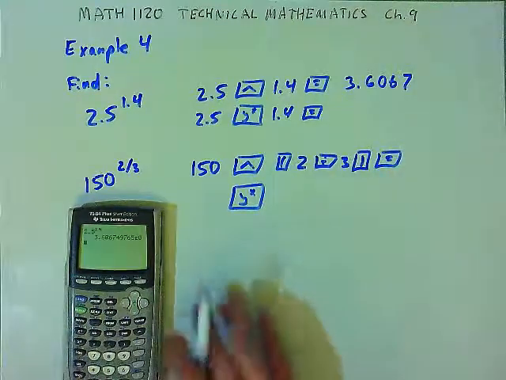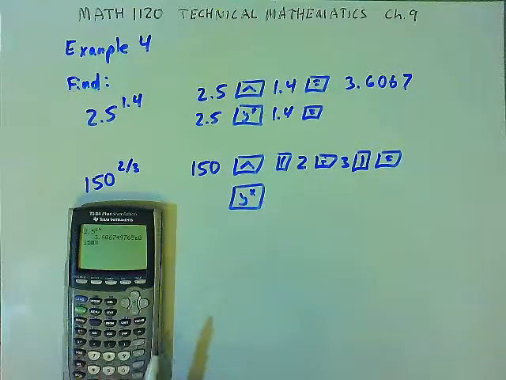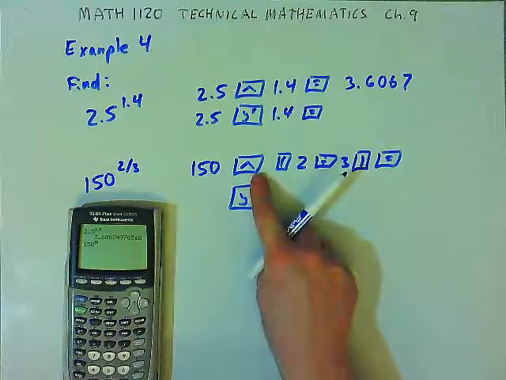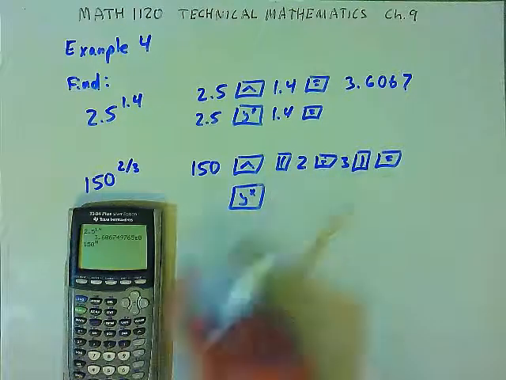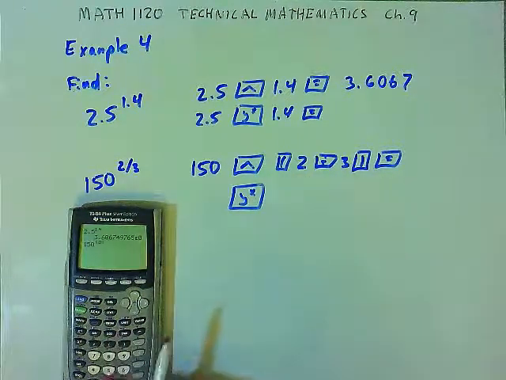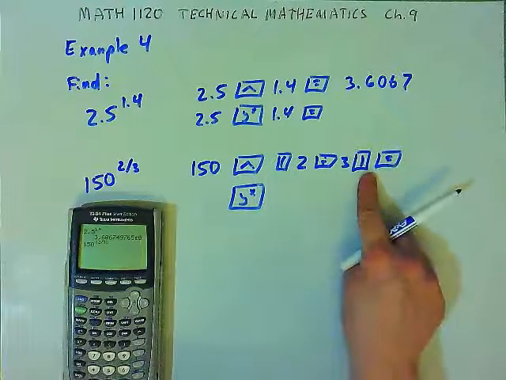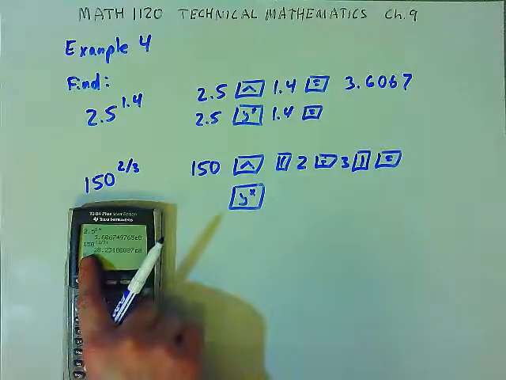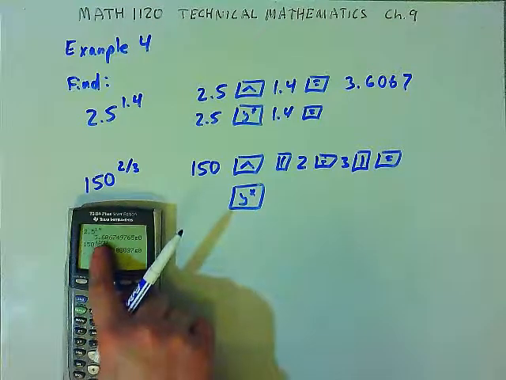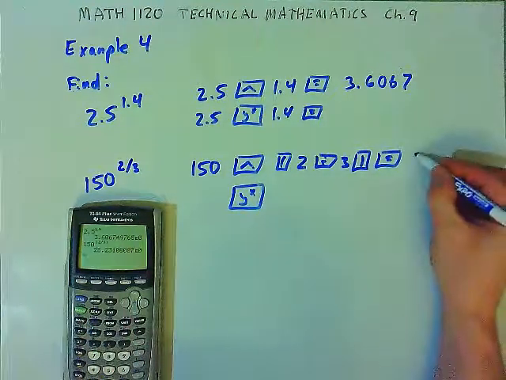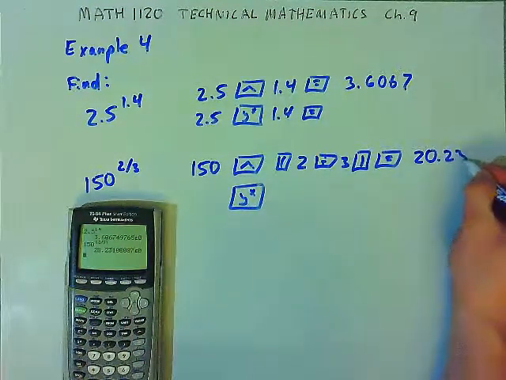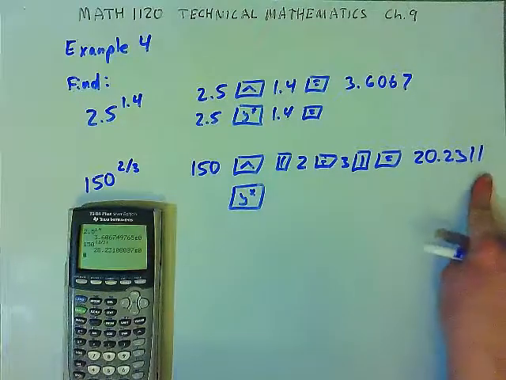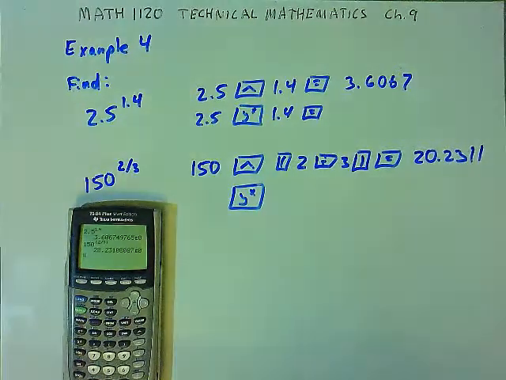For this one, I want to make sure I type in 150, my caret button, to give me an exponent. I want to have an open parenthesis, 2 divided by 3, and then close parentheses, and then press equals. So you can see my calculator says 150 to the 2/3 power, and this answer will be 20.2311, and I'll round it off about there, about the 4 decimal places.